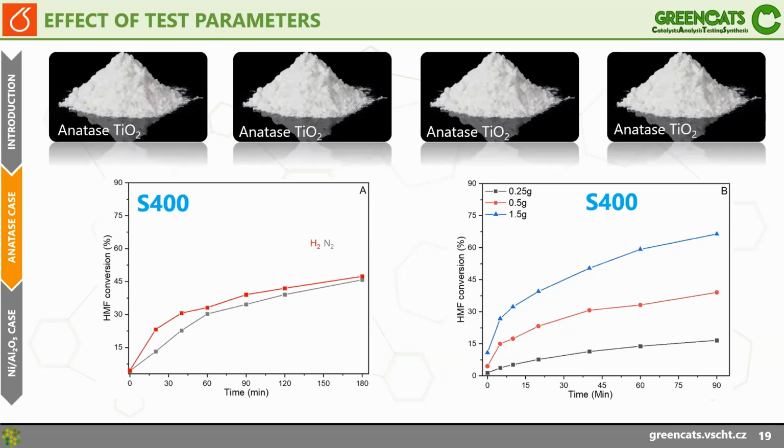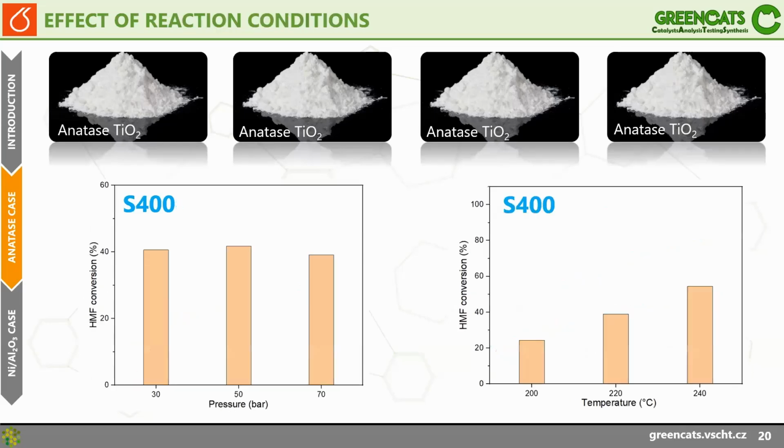That confirms that we don't need hydrogen to obtain the products I have shown, meaning that most likely the hydrogenolysis pathway is not the real one happening there, because if there is no hydrogen, it is difficult to hydrogenolyze, right? Then we also looked at the effect of the mass of the catalyst, which you would expect, so that's not surprising at all.